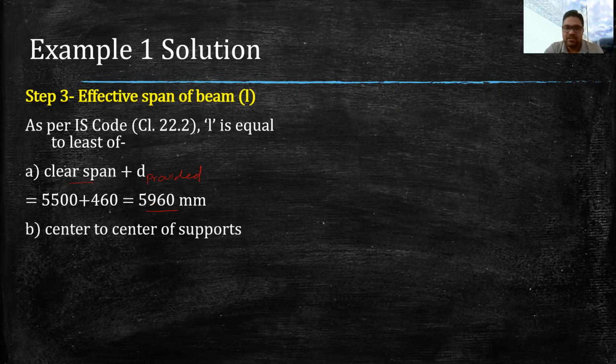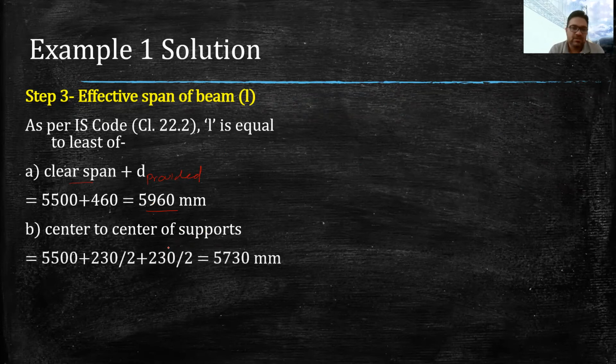The second way is center to center of the supports. The width of support is 230 mm on each side, and the clear span of the beam is 5.5 meter. So center to center of the supports comes out as 5730. So the least value is this one. So we will adopt our effective span as 5.73 meter.